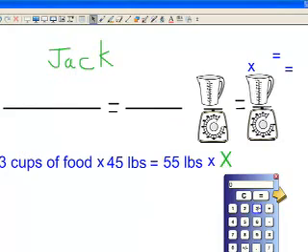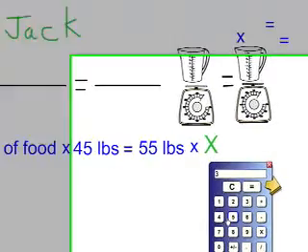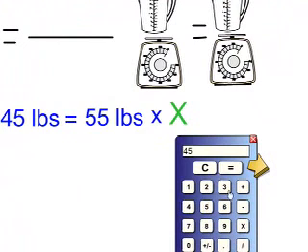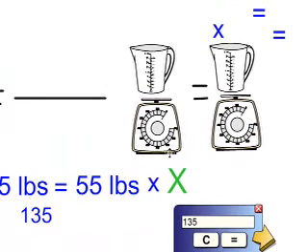What I'm going to do is I'm going to multiply 3 times 45 is equal to 135. Take my 135.